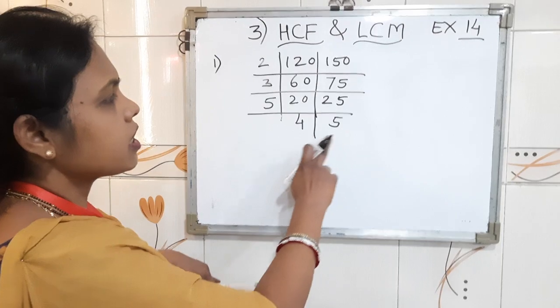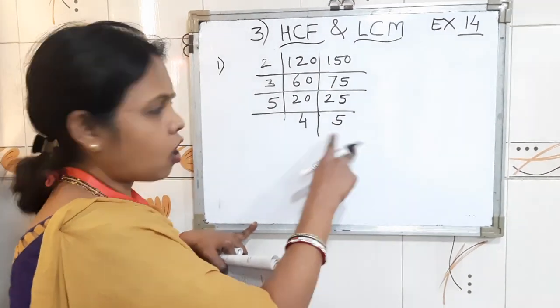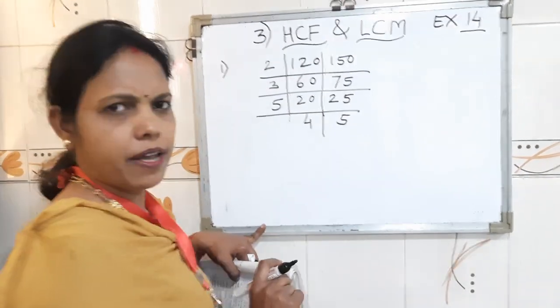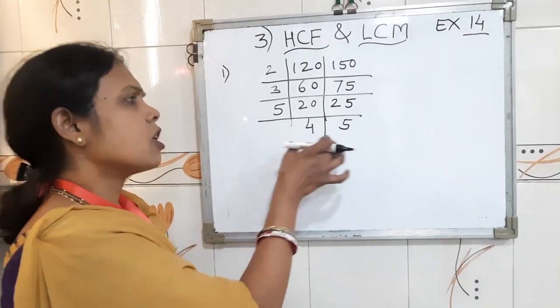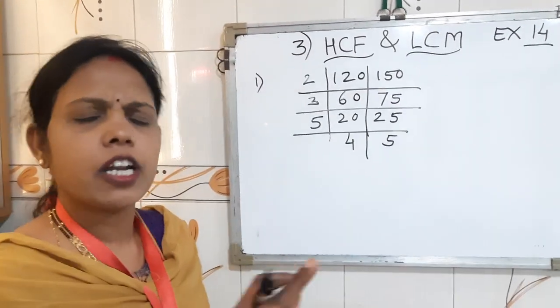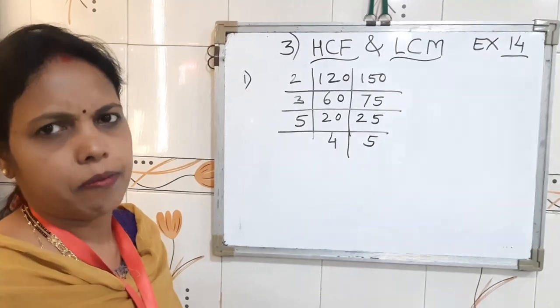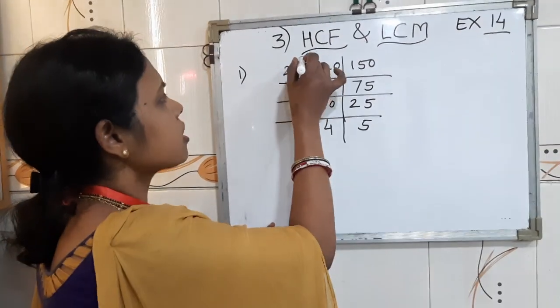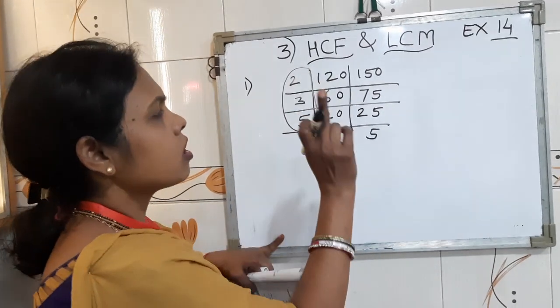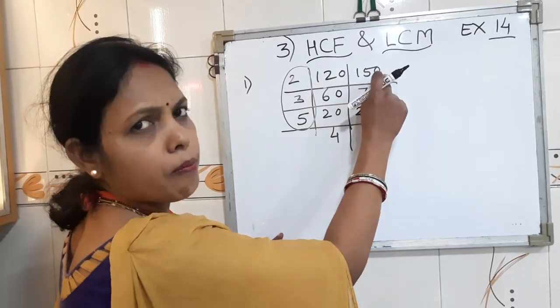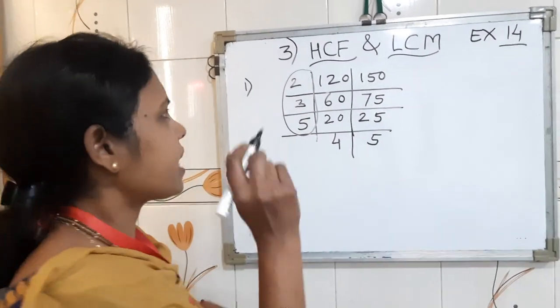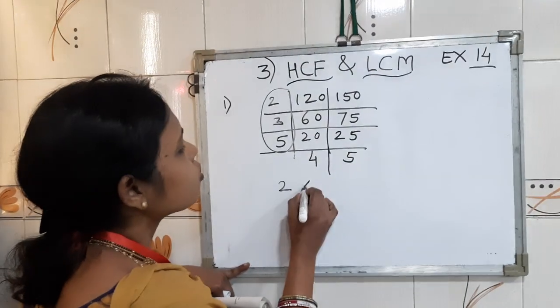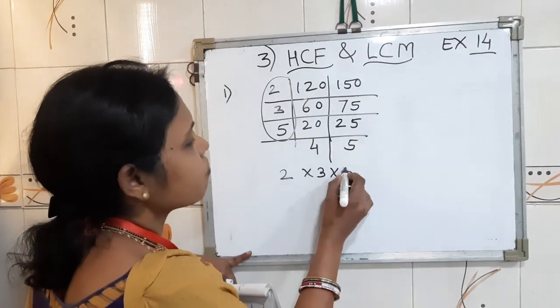So children, in the last column we got 4 and 5. These two numbers are not common. Therefore the common factors we got for the two numbers 120 and 150 are 2, 3 and 5.